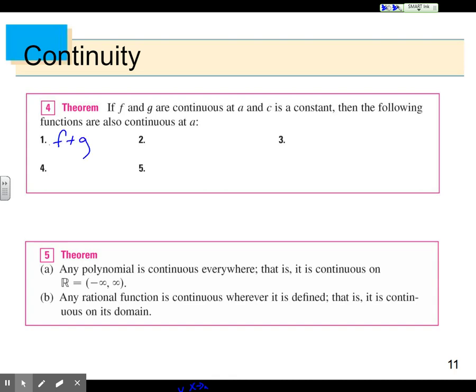So f plus g is going to be continuous. If I take my two functions and subtract them, whatever function that gives me is going to be continuous. If I just take a constant and multiply it by my f, that is still going to be a continuous function. If I take f times g, that is going to be a continuous function.